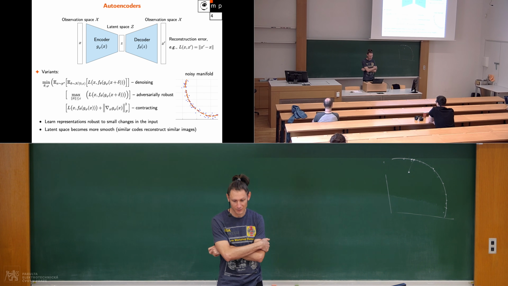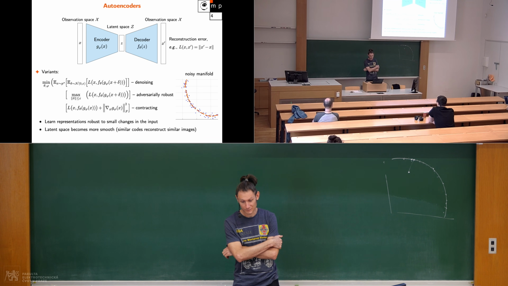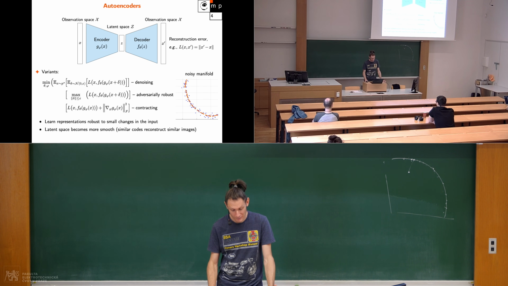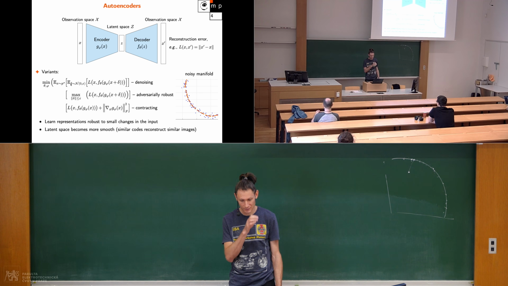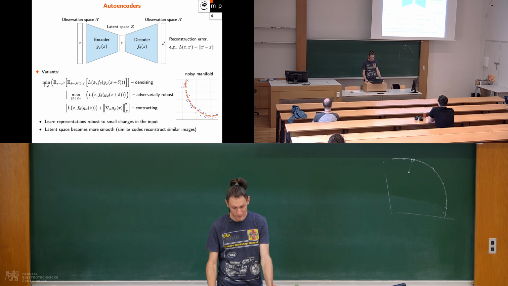Now, there have been a couple of variants of this, and let me go through the noteworthy variants of these autoencoders. One variant is the noisy autoencoder, where we perturb the input with noise artificially. So not only do we take our collection of input images, but we even perturb each input, and the goal is to reconstruct the clean image.